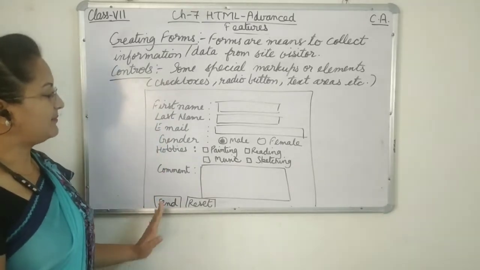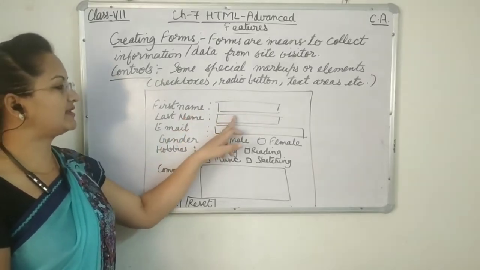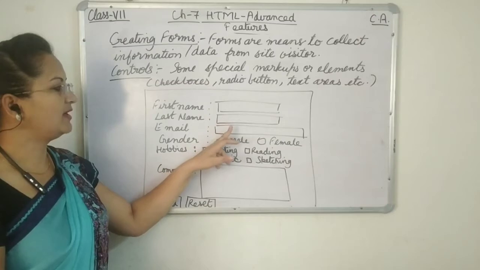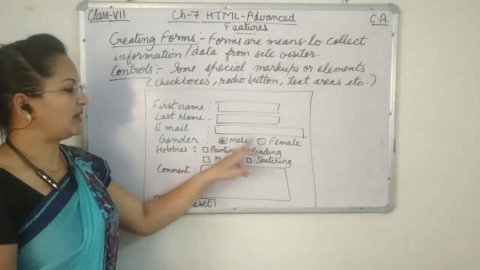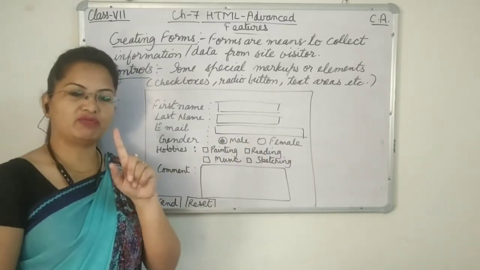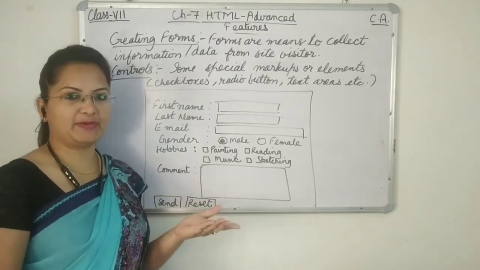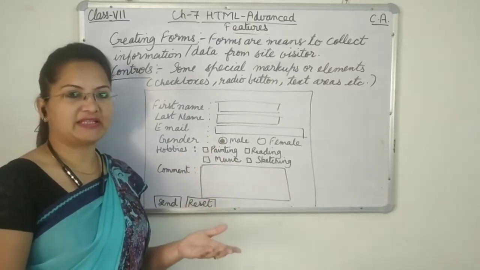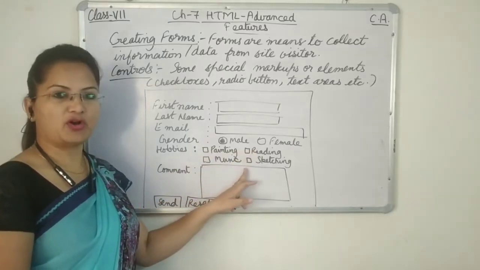So here is a simple form, students, in which in one text field we can enter the first name, in this text field the last name, and in this text field the email. These are radio buttons. Radio buttons are used to check only one choice. Then hobbies. There can be multiple hobbies. When we have multiple choices, we can use checkboxes.